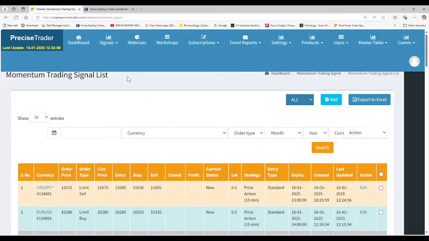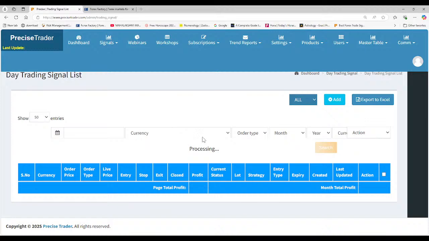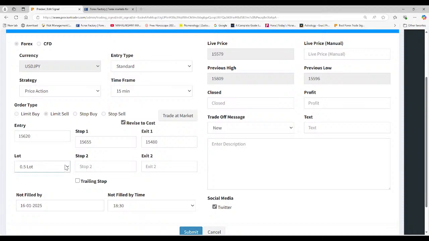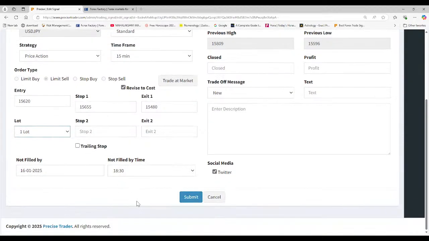Then what I want to do is go for an additional sell, which is 156.20, which we have given. This one we will change to one lot, because I think this would be a good entry level.